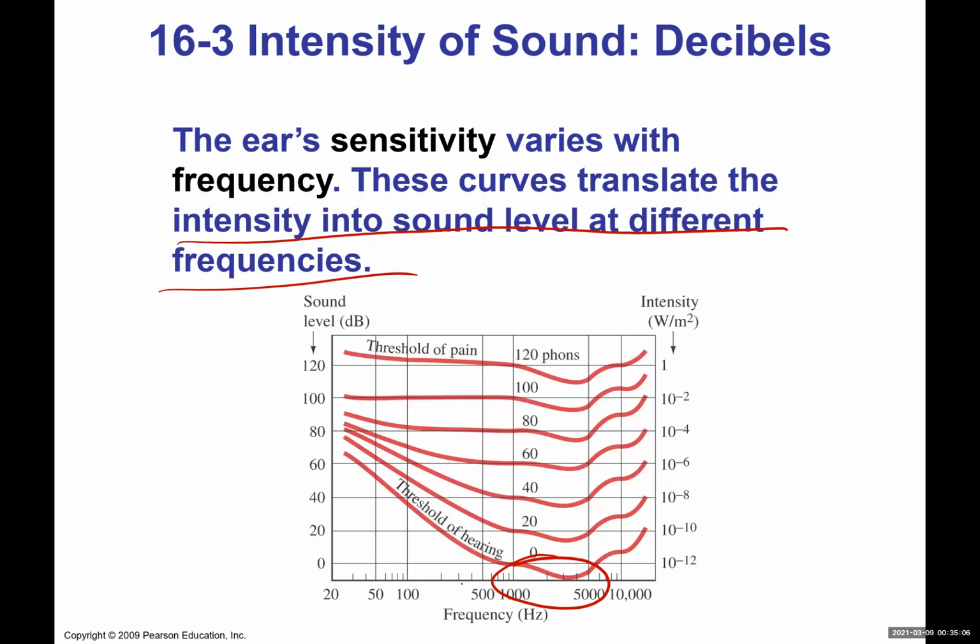Whenever you hear some sound at 1,000 hertz at some decibel level, for something else it might be at a completely different decibel level for the same frequency. For example, if you're looking at 1,000 hertz, let's say 20 dB.